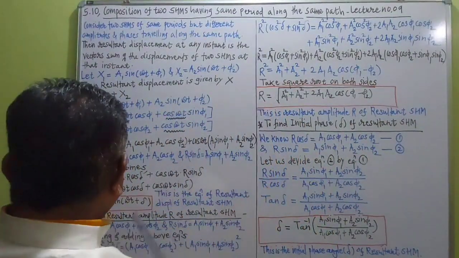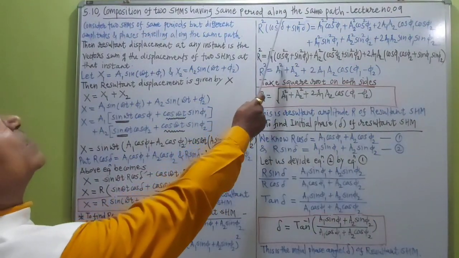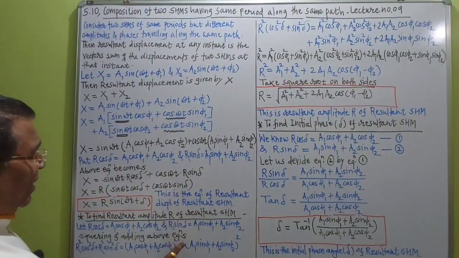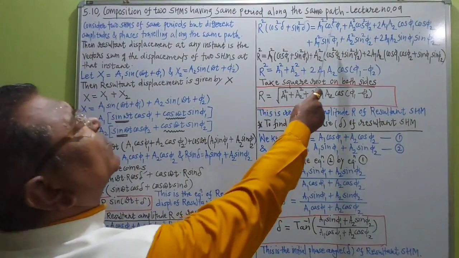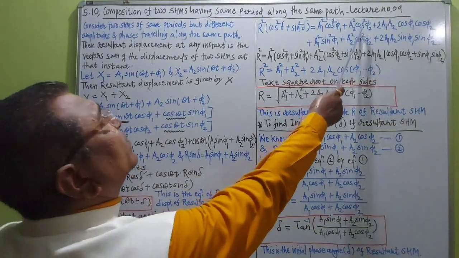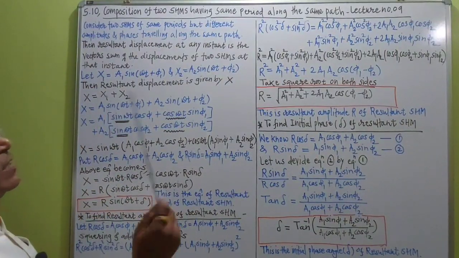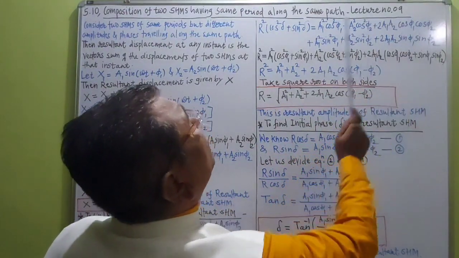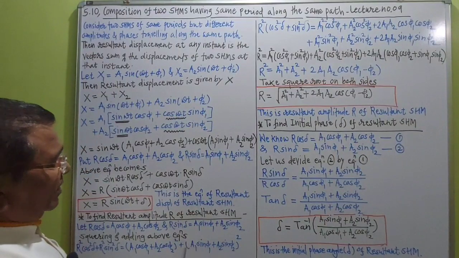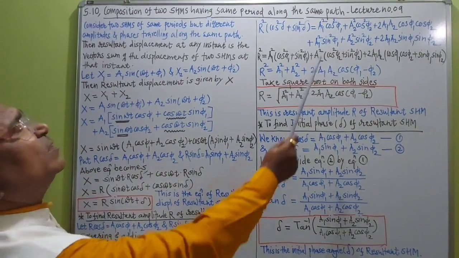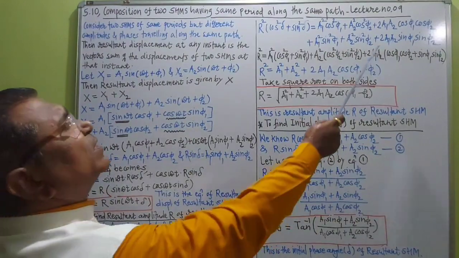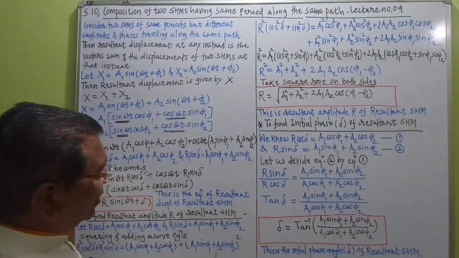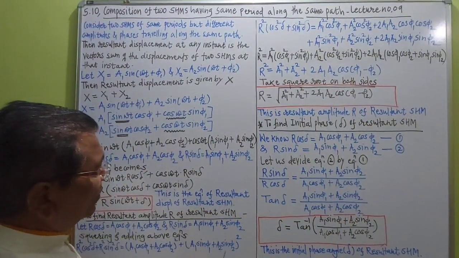Then here R square is common. Inside the bracket we get cos square delta plus sin square delta, equal to: A1 square cos square phi 1 plus A2 square cos square phi 2, plus double the multiplication, 2 A1 A2 cos phi 1 cos phi 2, plus A1 square sin square phi 1, plus A2 square sin square phi 2, plus 2 A1 A2 sin phi 1 sin phi 2.